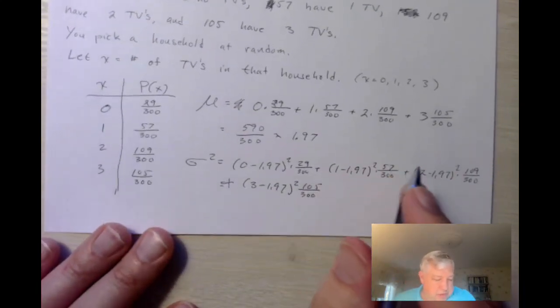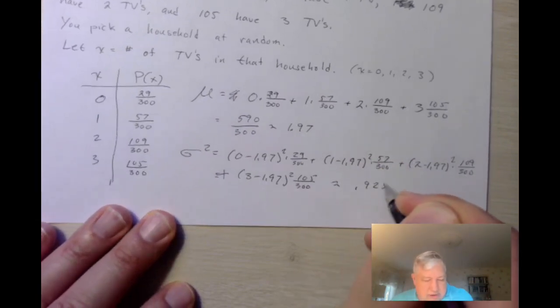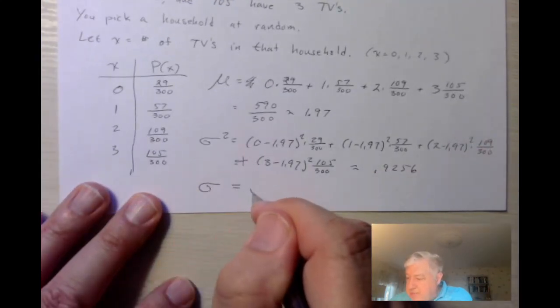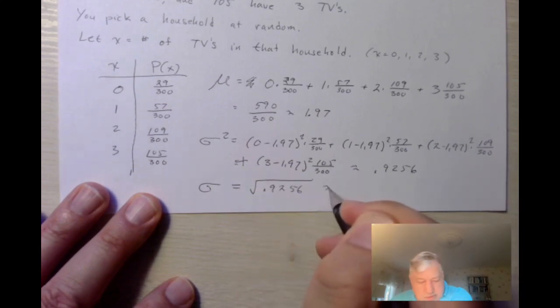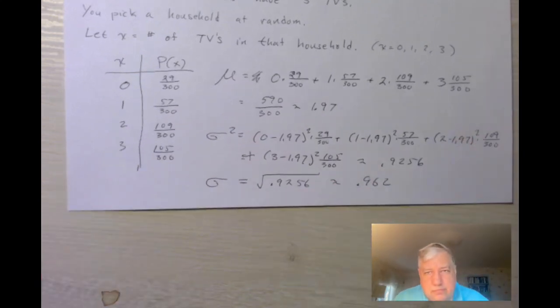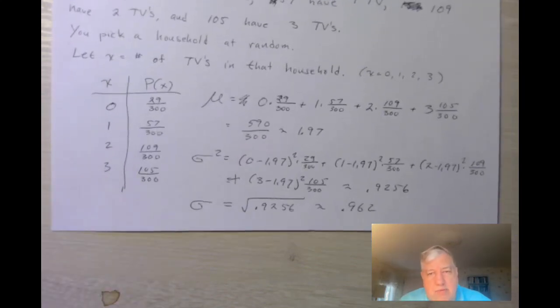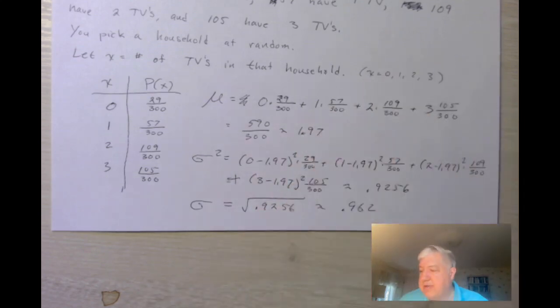If you compute this out, the variance is approximately 0.9256, and the standard deviation would be the square root of this, which is approximately 0.962. And again, what this means is the theoretical average value of this would be 1.97.